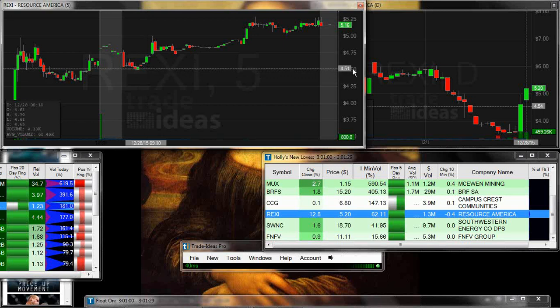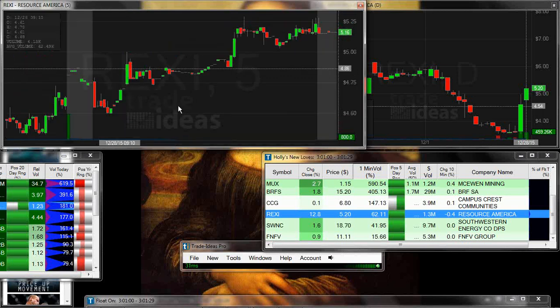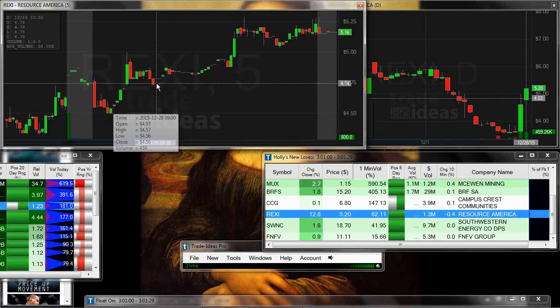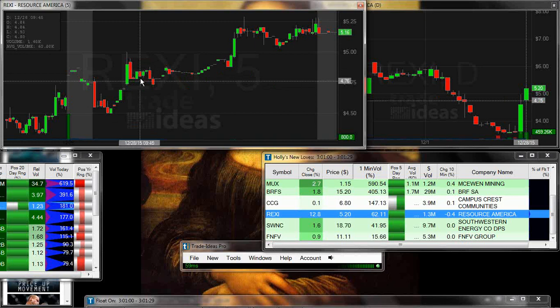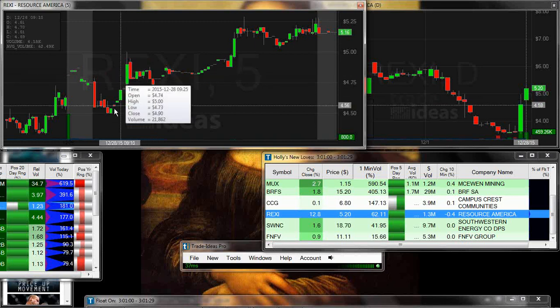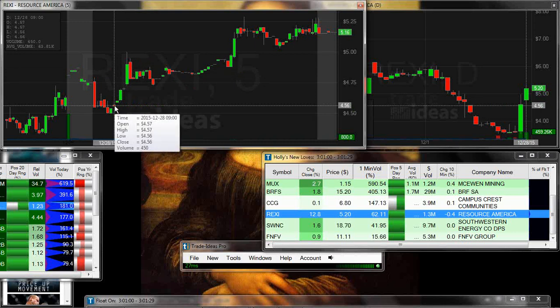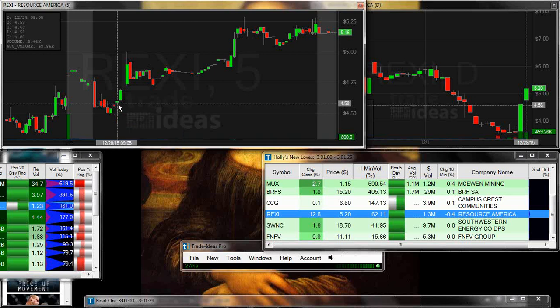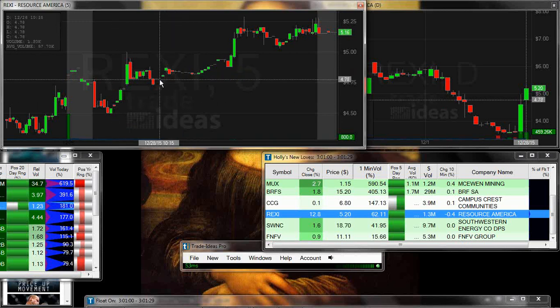But getting back to the point about the liquidity, people might look at this chart and go, man, this thing's just too spotty for me. But if we start looking at the amounts of shares being traded in these bars, even this little bitty one right here, 63,000 shares traded in that bar. So even though it's gappy, and even though sometimes on these little dashes here, it's still trading some decent volume.